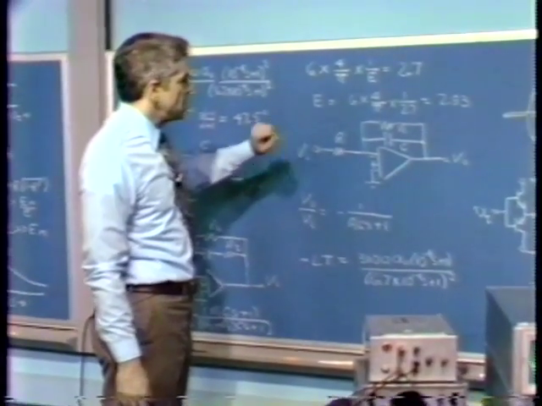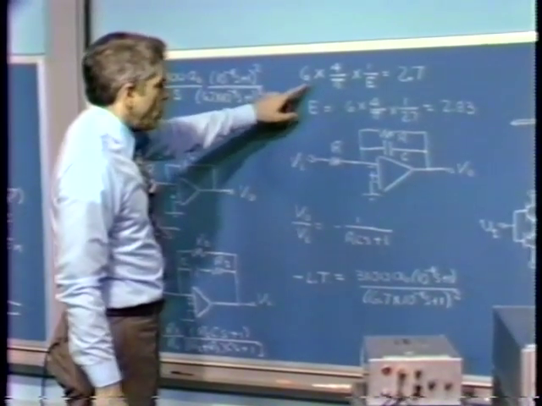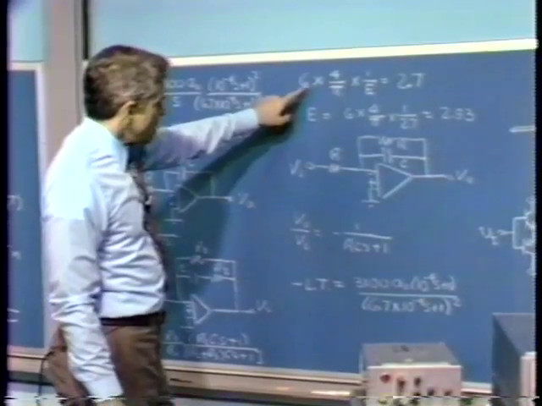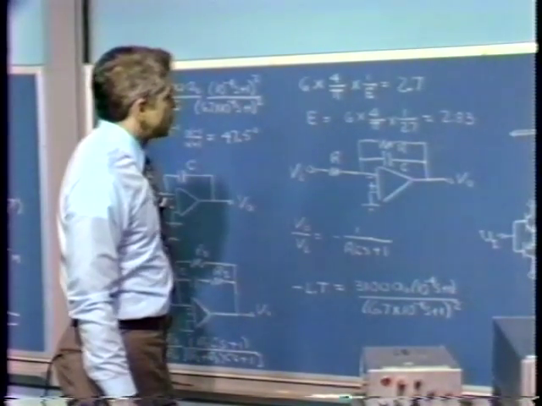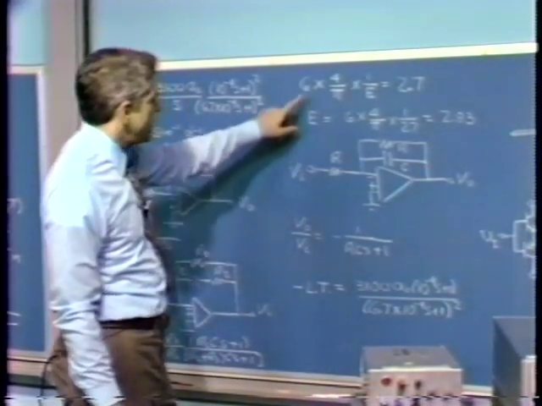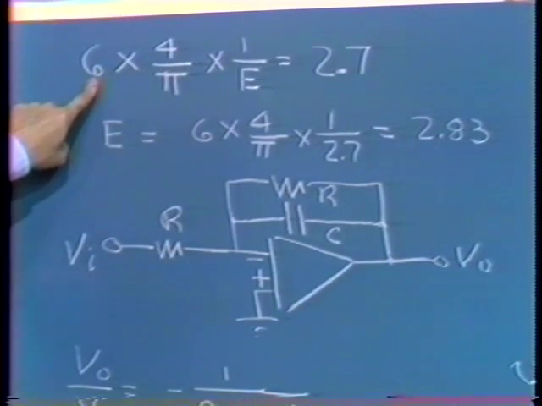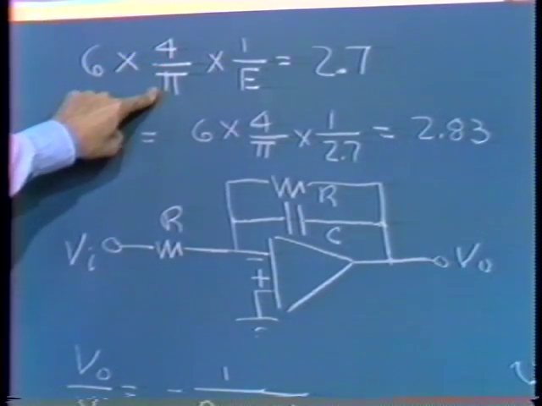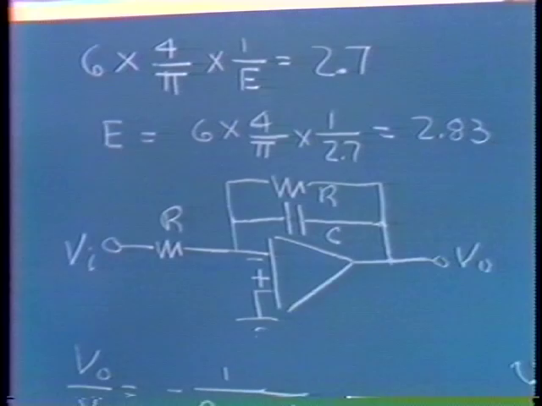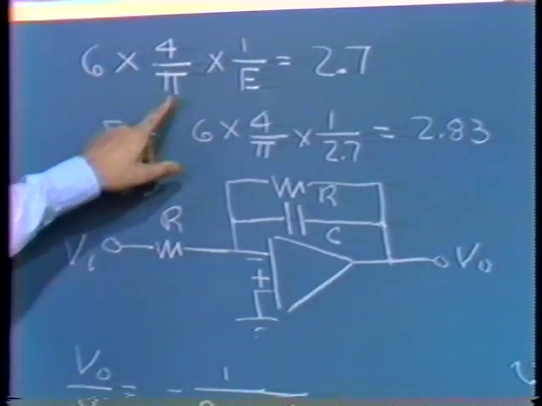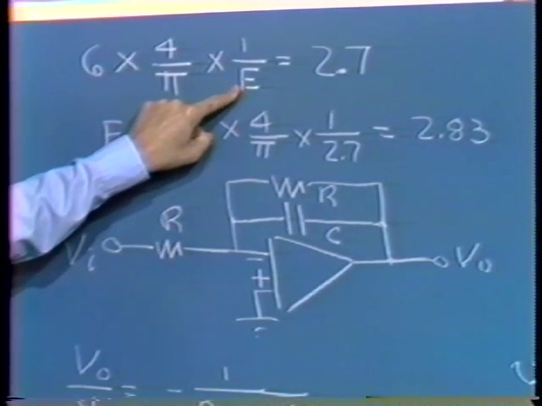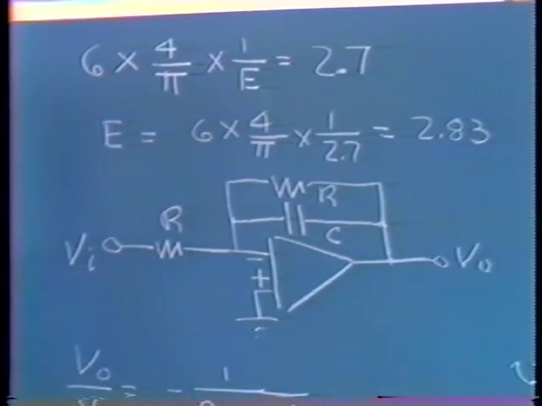Under those conditions, we can get the approximate describing function by taking the peak value of the output, 6 volts, times 4 over pi, which gets us the fundamental component of the output, and dividing by the input signal level, which is E.